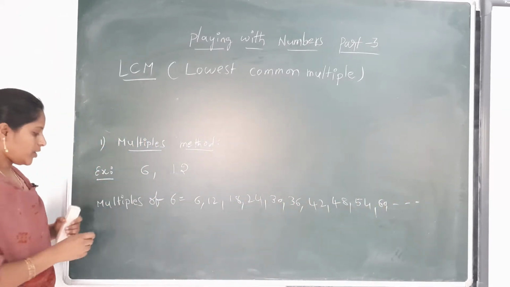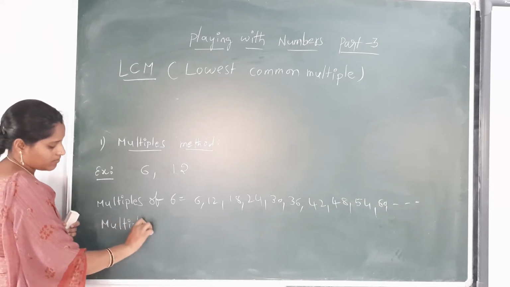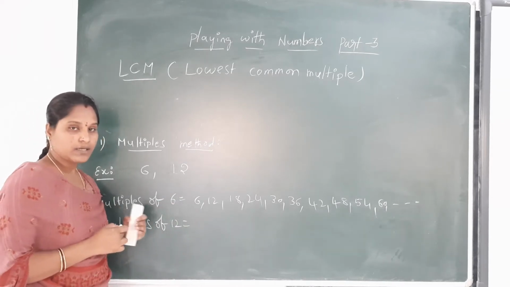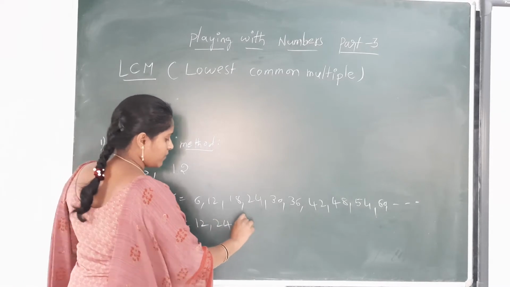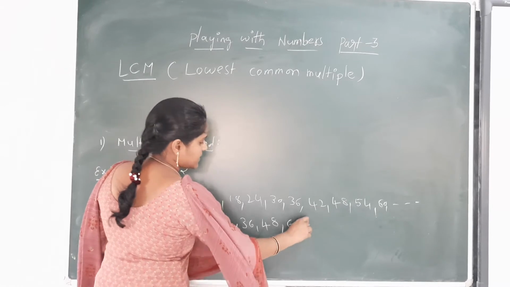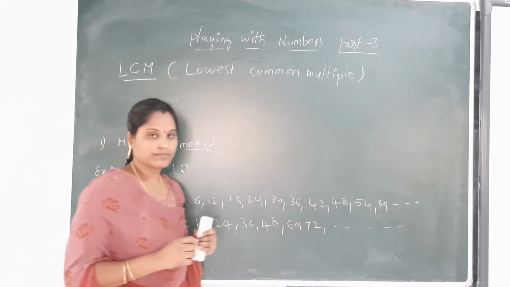Next, we are going to find the multiples of 12. In the same way, the 12 multiples, that means the 12 table: 12, 24, 36, 48, 60, 72, and so on.